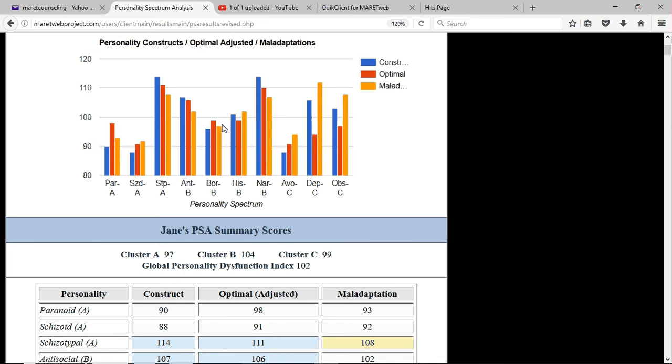And really, these numbers really don't mean anything other than the fact the person has not scored for that personality type at all in any significant way. This one's close, it's 102. Okay. Anything that scores over 105 is potentially significant.